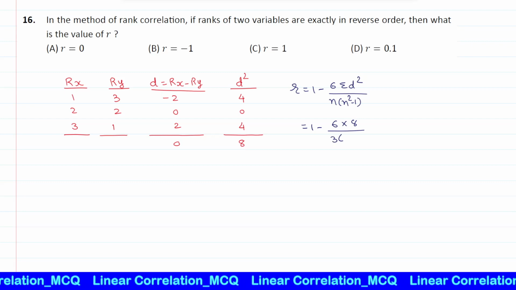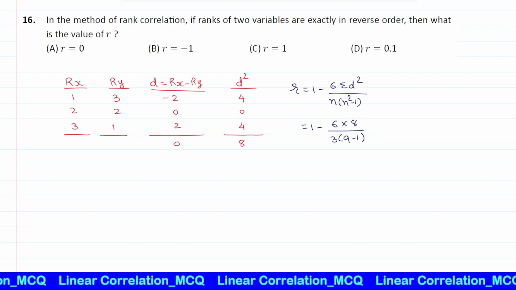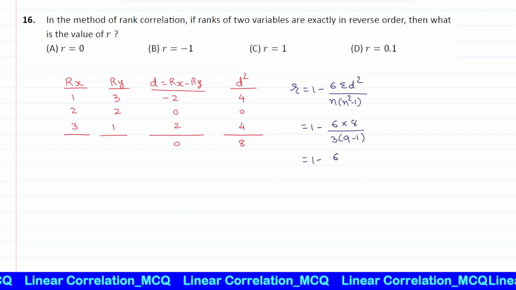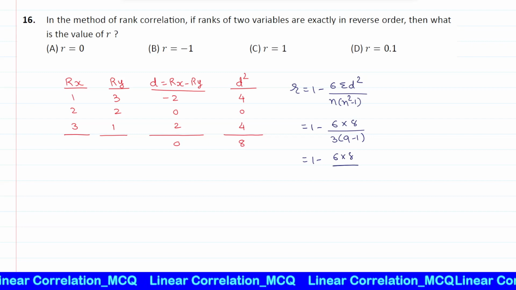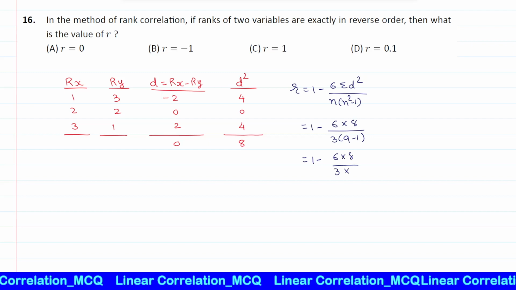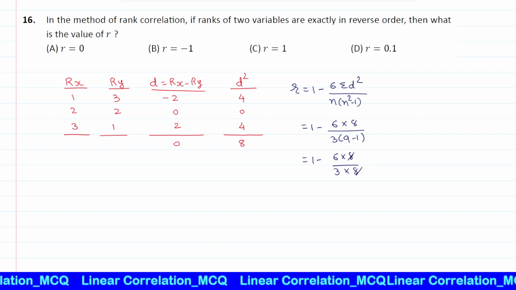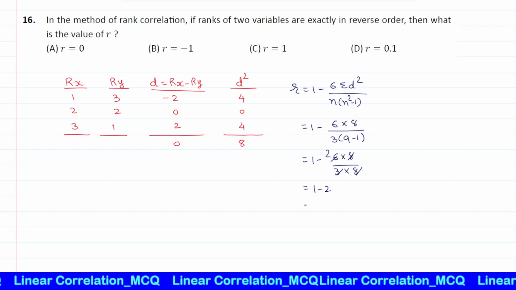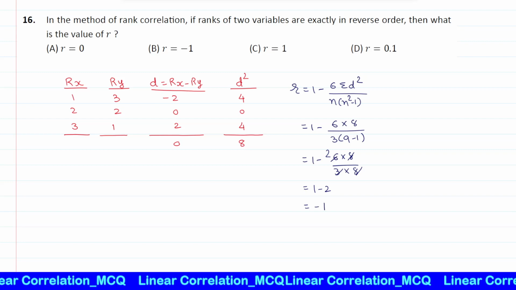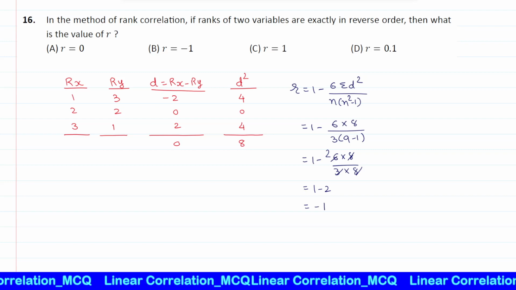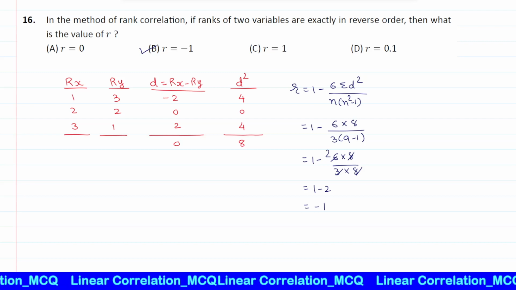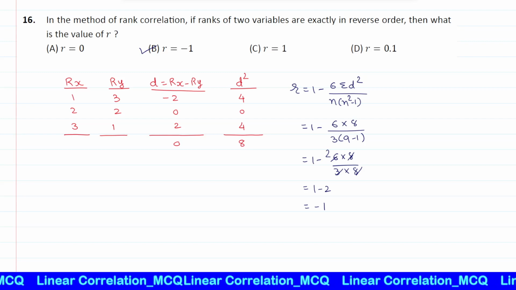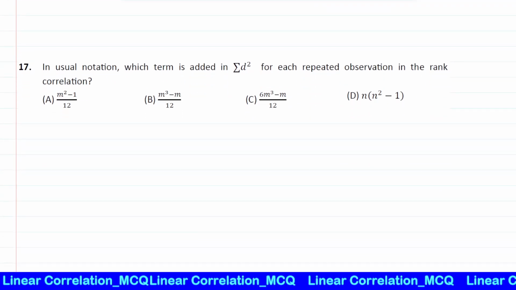So R equals 1 minus 6 into 8 divided by 3 into 9 minus 1, which is 8. The 8s cancel out, 3 twos are 6, so we get 1 minus 2, which equals minus 1. So option B is correct: R equals minus 1 if Rx and Ry are in totally reverse order.